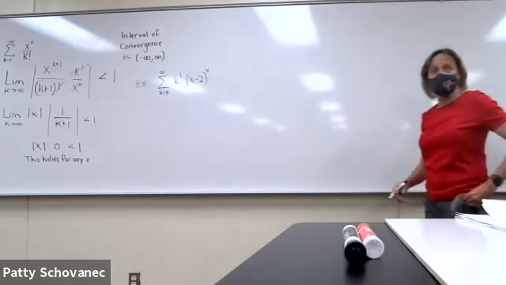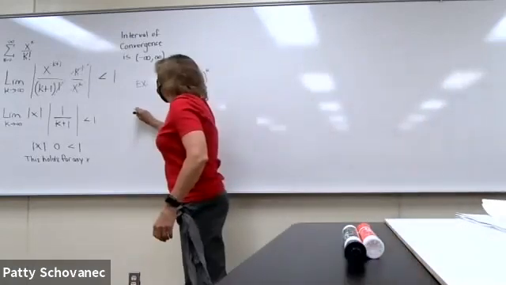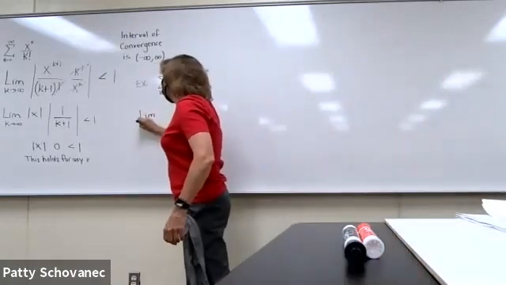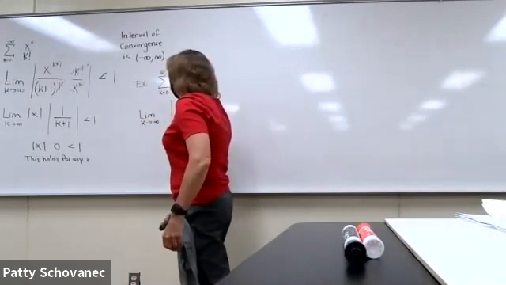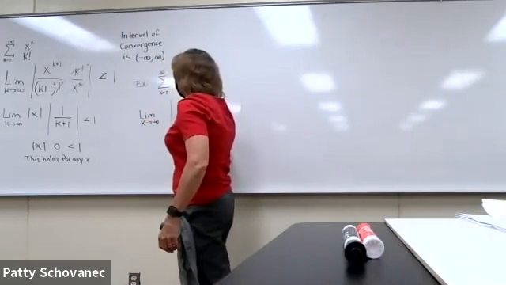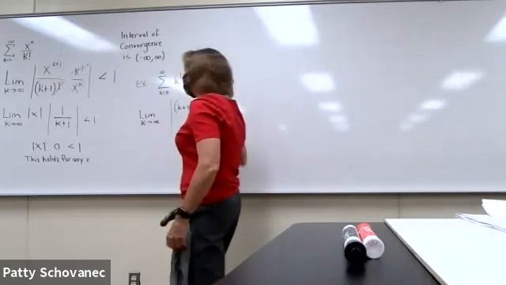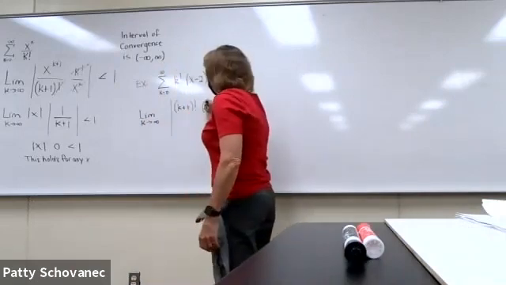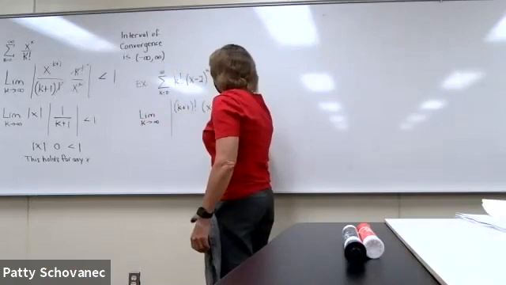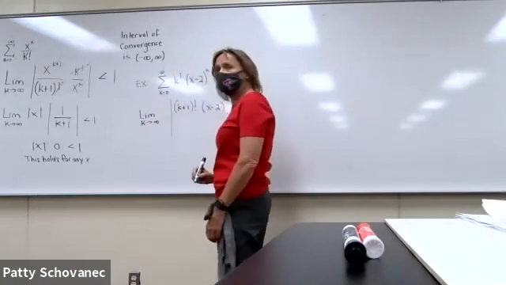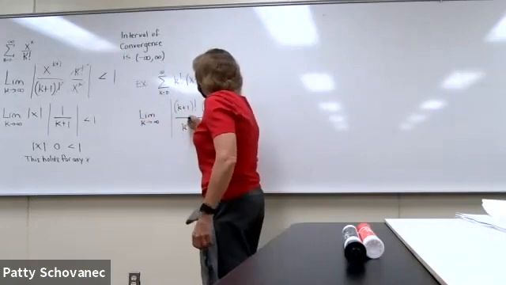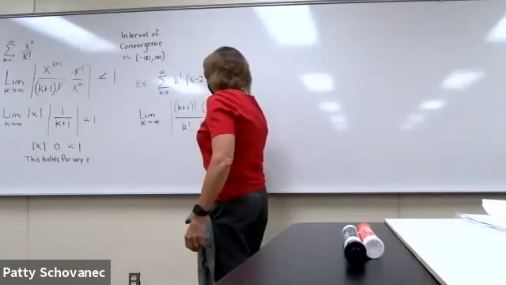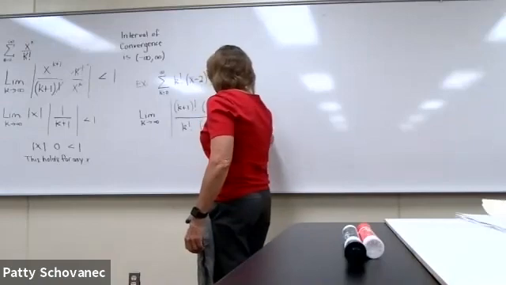So here we go with the ratio test. We have k plus 1 factorial times (x minus 2) to the k plus 1. And I can go ahead and divide by k factorial times (x minus 2) to the k.